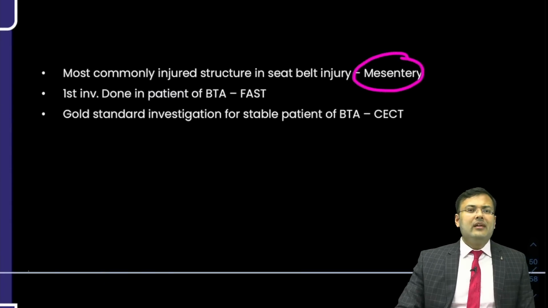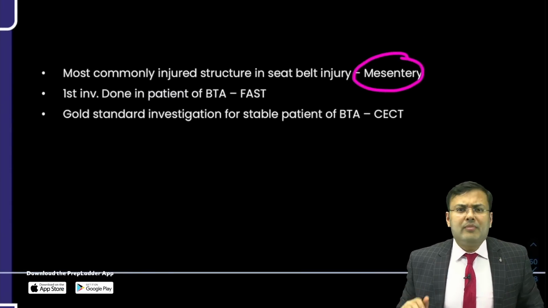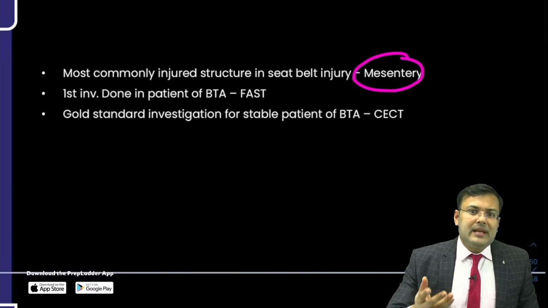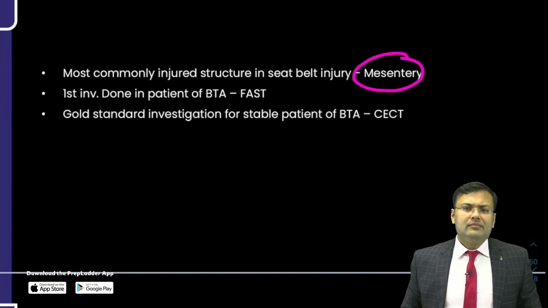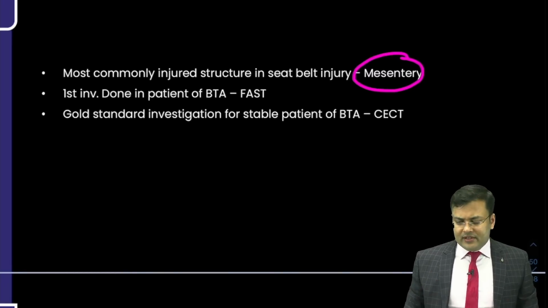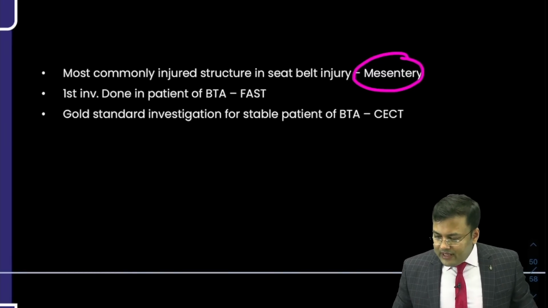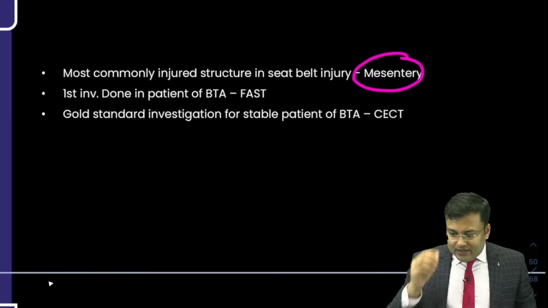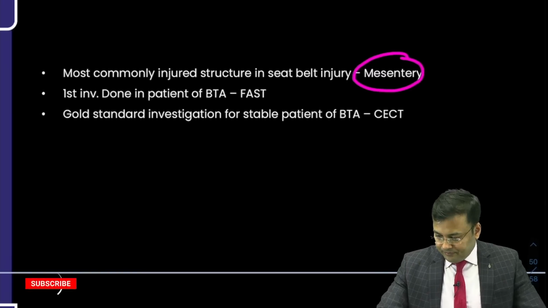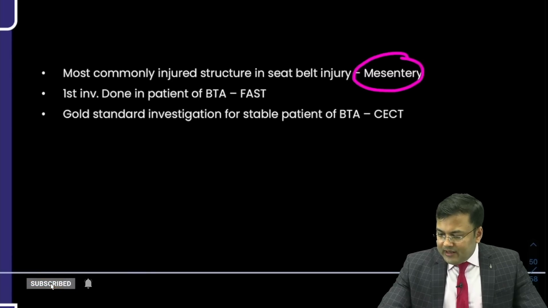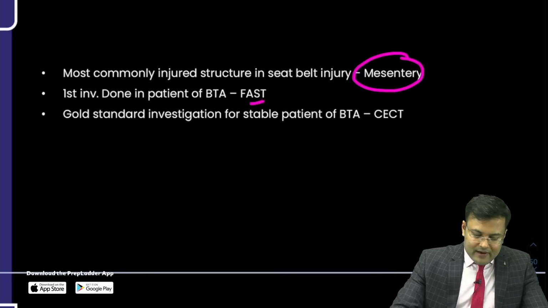Now you tell me, any patient of blunt trauma abdomen is brought to your emergency. Doesn't matter patient is stable or unstable, doesn't matter. What is the first investigation done? Yes, you are correct. Now everybody is correct. FAST.